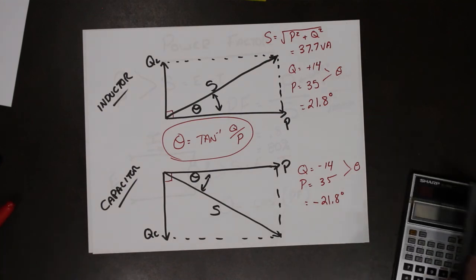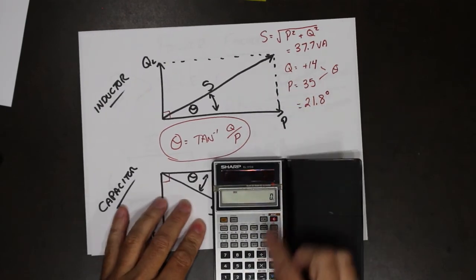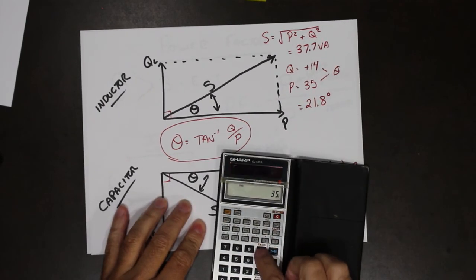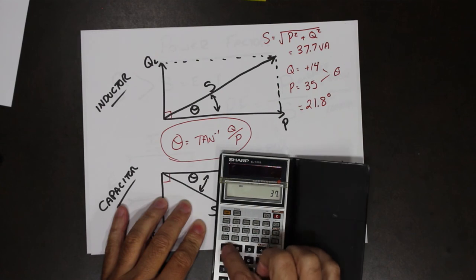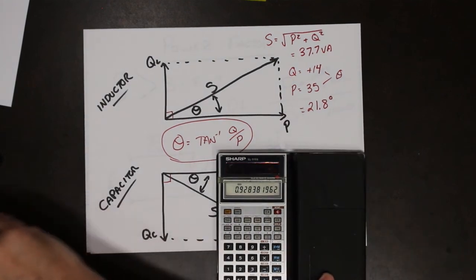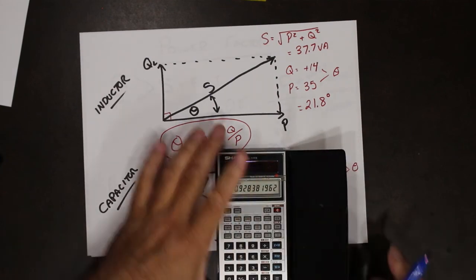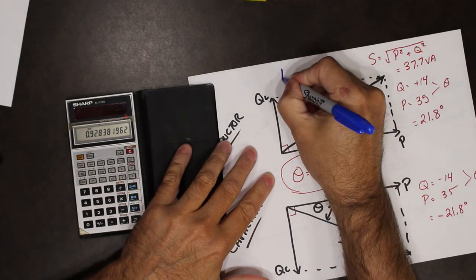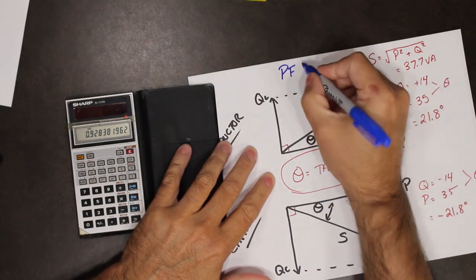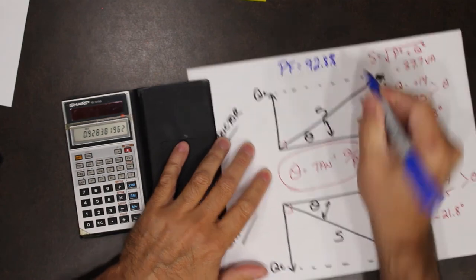So, if we look at the power factor now, in this case, power factor is 35 divided by 37.7 equals, so a power factor of 92.8%.